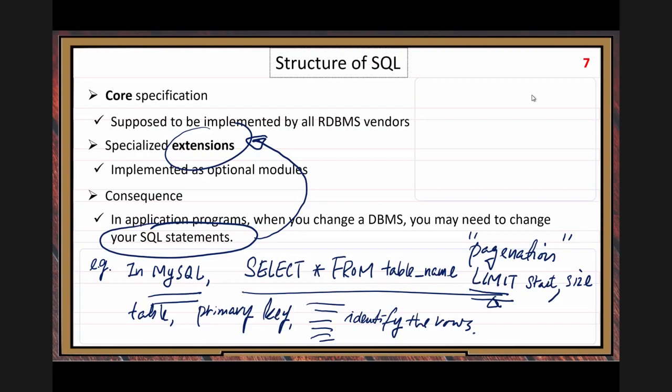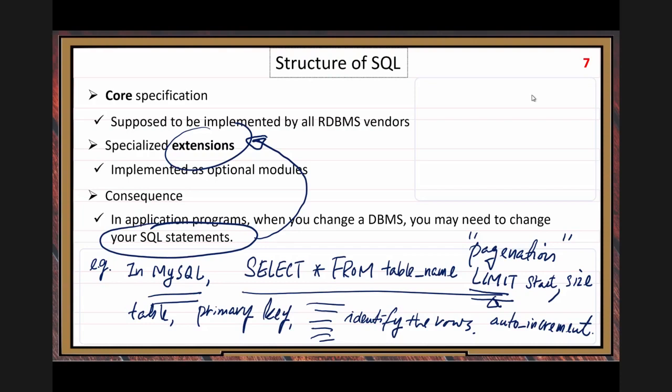It's very convenient, so people use this a lot to identify the rows. Otherwise, it's hard to identify.